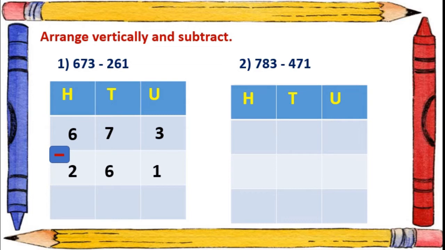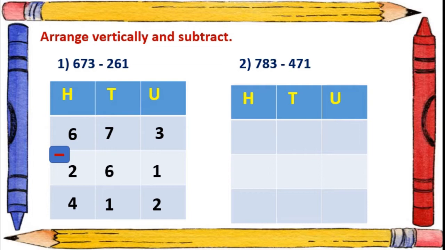3 units minus 1 unit is equal to 2 units. 7 tens minus 6 tens is equal to 1 ten. 600 minus 200 is equal to 400, isn't it? Now we will move to the second sum.